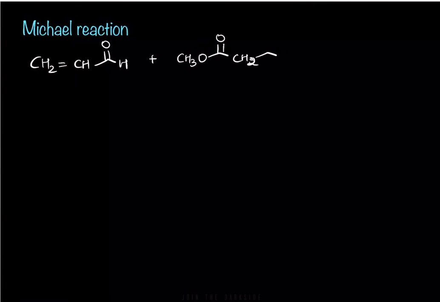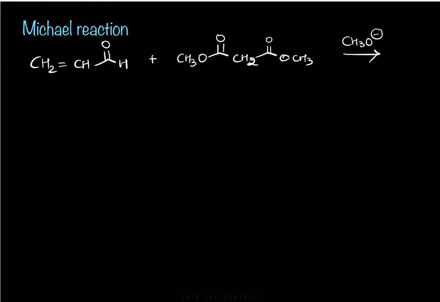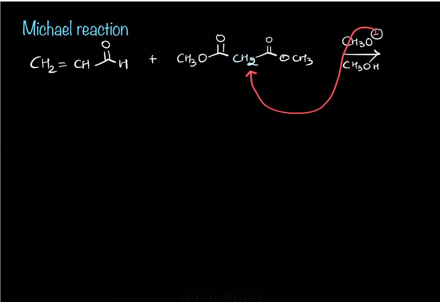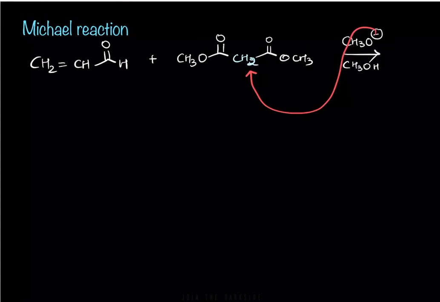And here is the structure of beta diester. When you react it with a base and the corresponding solvent, the base is going to go grab this hydrogen. Remember, the hydrogen is right here. They are very acidic, and therefore one of the hydrogens will be lost to form the enolate ion.